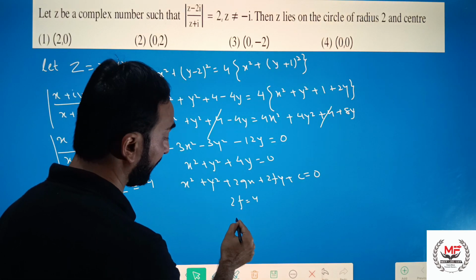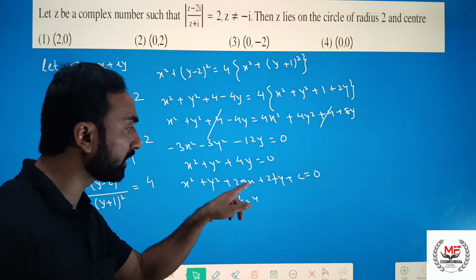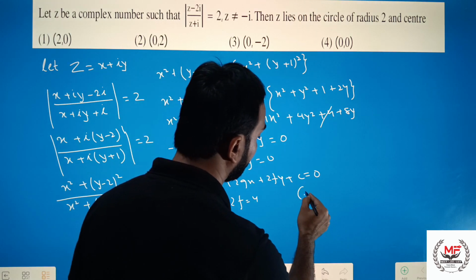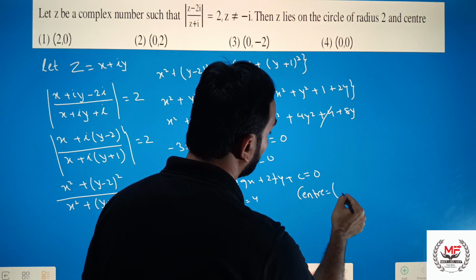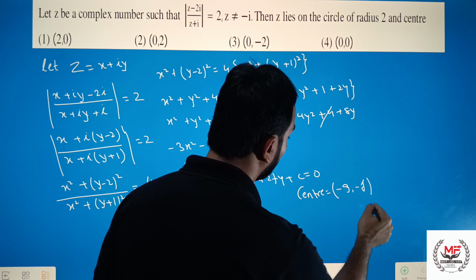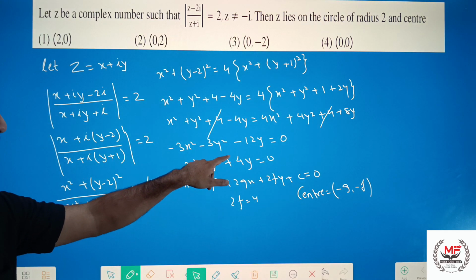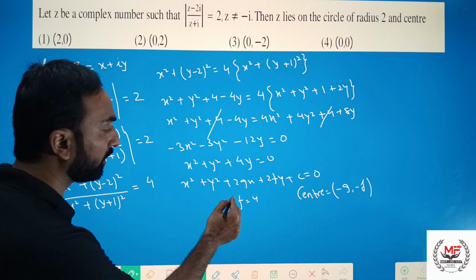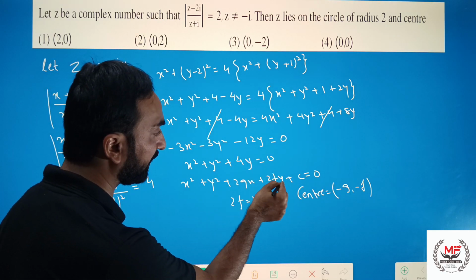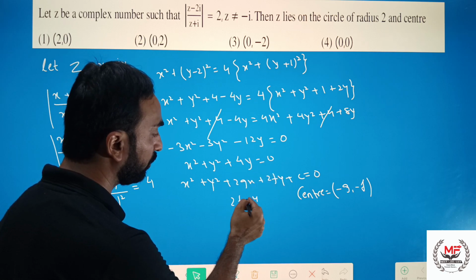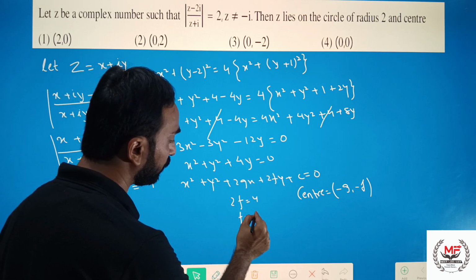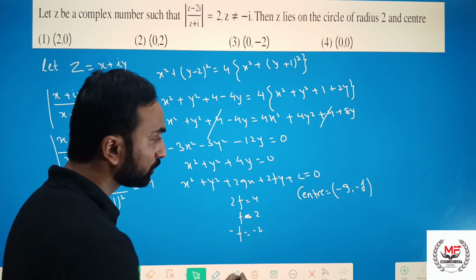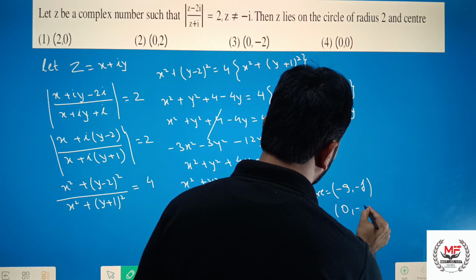Since there is no term of x here, there will be no term of g, so minus g will become 0. We know that the center is equal to (minus g, minus f), right? Also 2f is equal to 4 when we compare the y terms, so f is equal to 2, or else we can write minus f is equal to minus 2, right? So the center will become (0, minus 2).